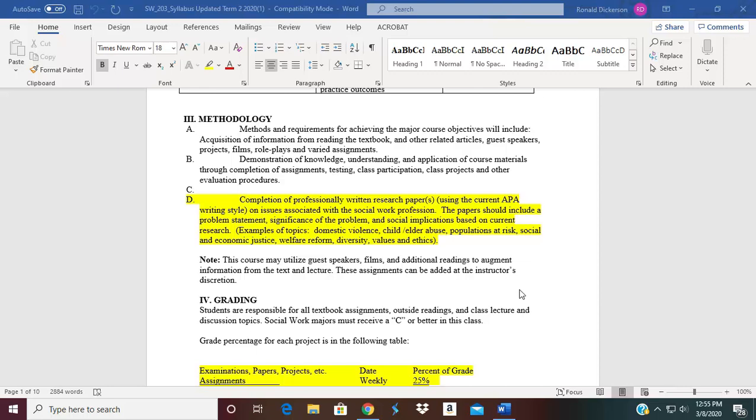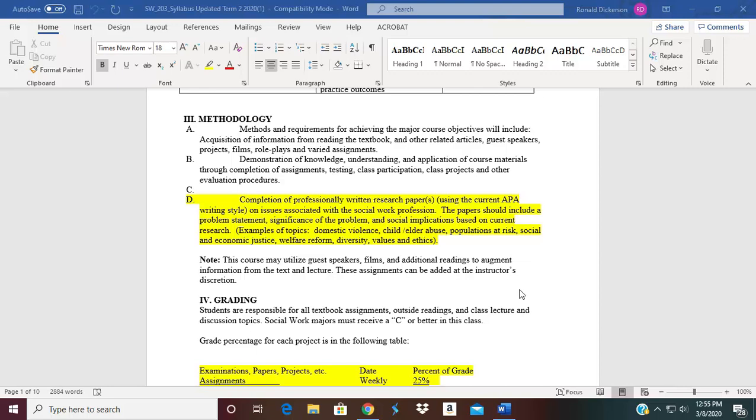And I give you some examples: domestic violence, child abuse, elder abuse, populations at risk, social and economic justice, which would be criminal delinquency, welfare reform, diversity, values, and ethics. Those are just a few things that you can choose to write about.